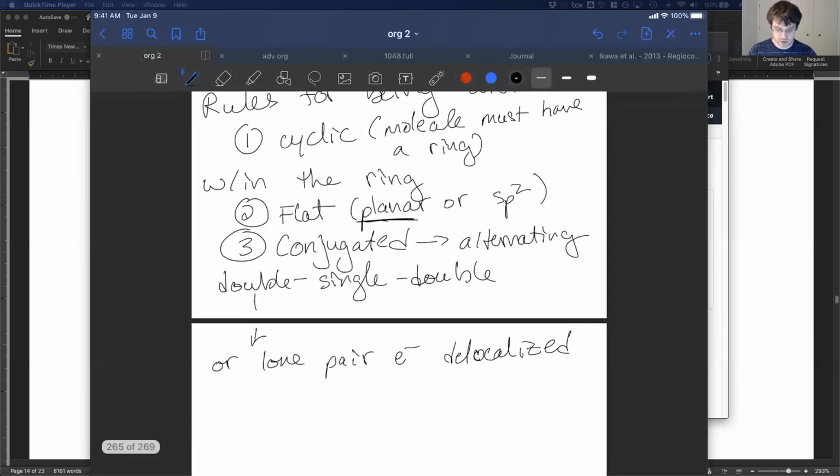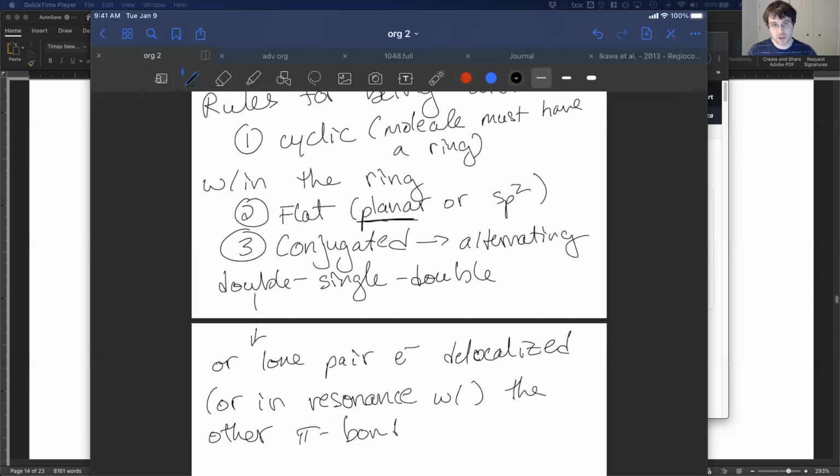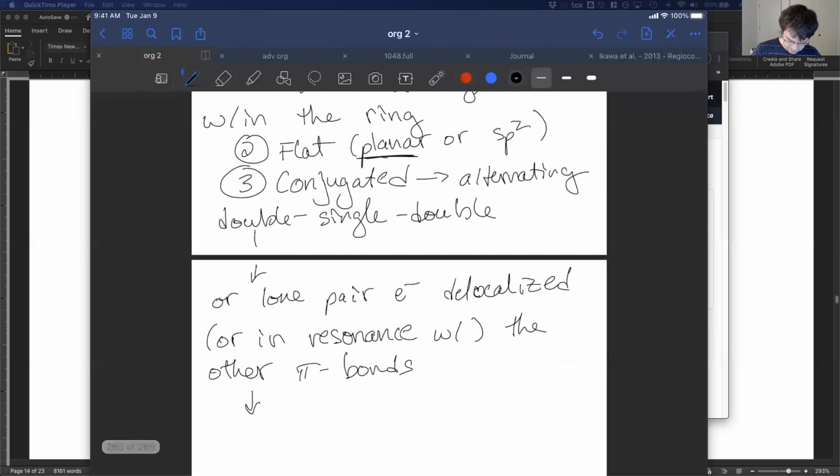They can move through resonance structures, in resonance with the other pi bonds. And again, we're focused on within the ring. We could have a whole bunch of stuff out here, but I'm looking at a ring inside of our molecule, that ring being flat, and that ring having a conjugated pi system. And by conjugated, the ring must be fully conjugated. So we can't have some of the atoms within the ring conjugated and some not conjugated. They all must be conjugated.